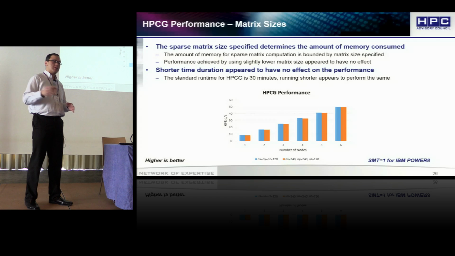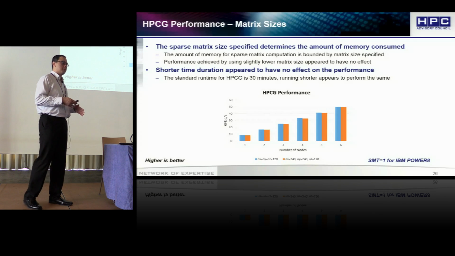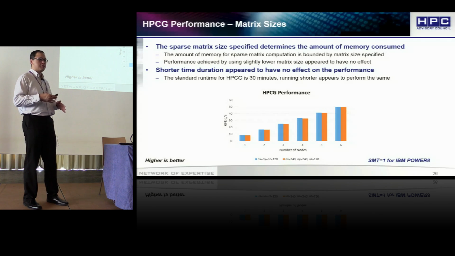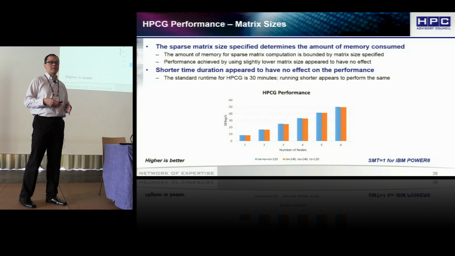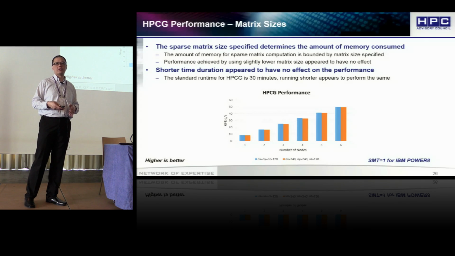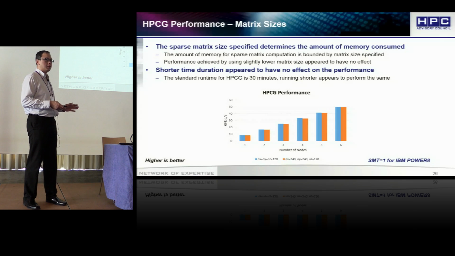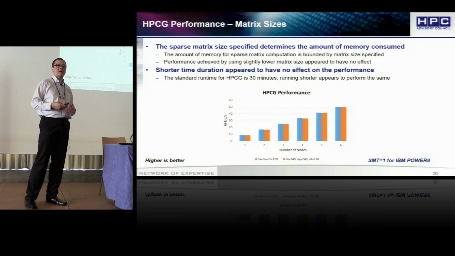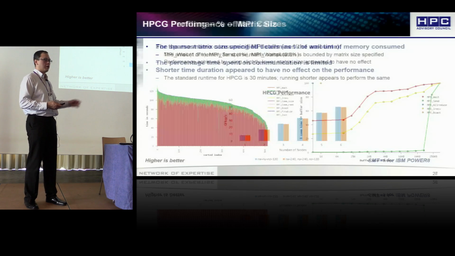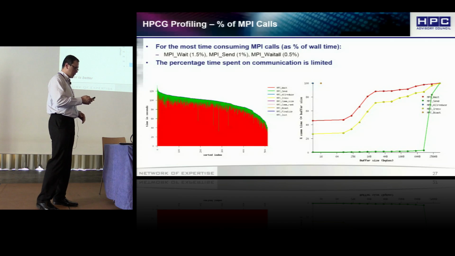It would be really different if you dropped it to a really small matrix size, like something that you can easily fit into the CPU cache. Then the performance will be very much higher than what you can see here, but it will not be considered a valid run. So this is something that we have also found, but I have not shown it in the slide here.